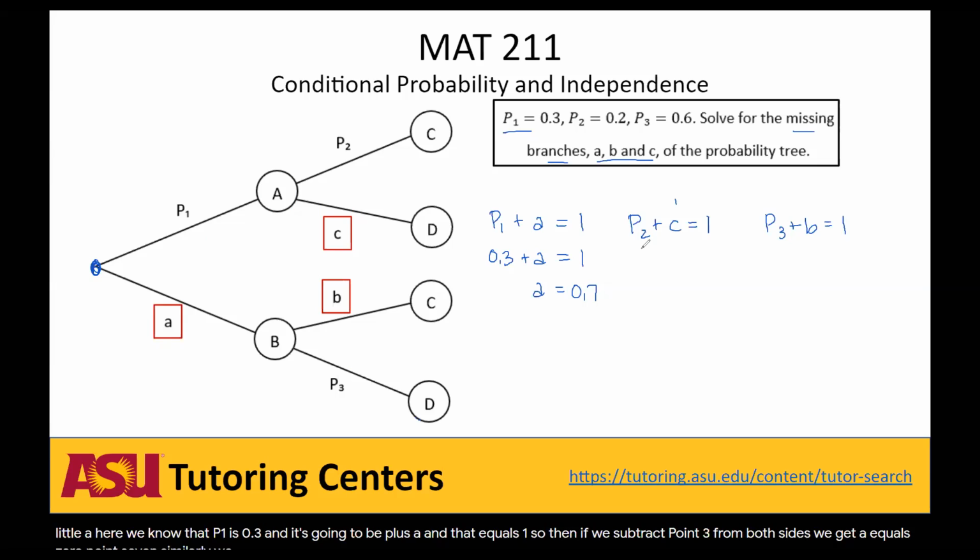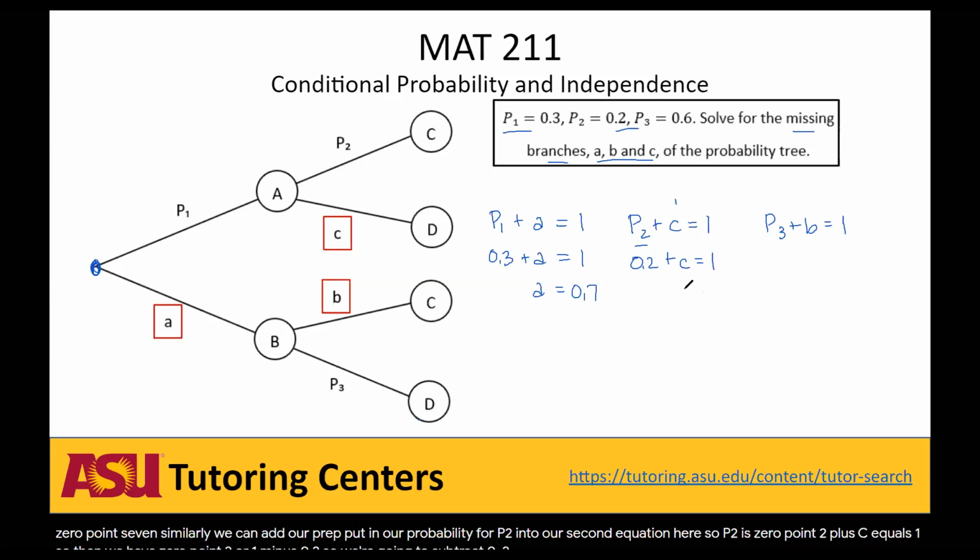Similarly, we can put the probability for P2 into our second equation. So P2 is 0.2, plus C equals 1. We subtract 0.2 from both sides, so C equals 1 minus 0.2, which is 0.8.